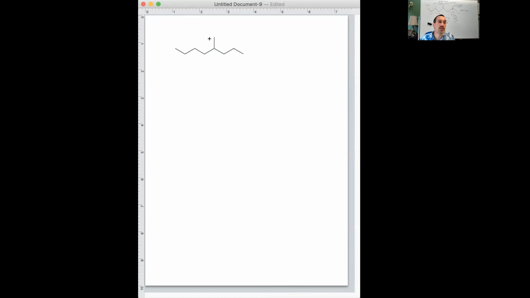I also want to show you how they work, because now you have all the knowledge to understand how ChemDraw predicts the chemical shifts for a spectrum. So here's ethyl pentanoate.